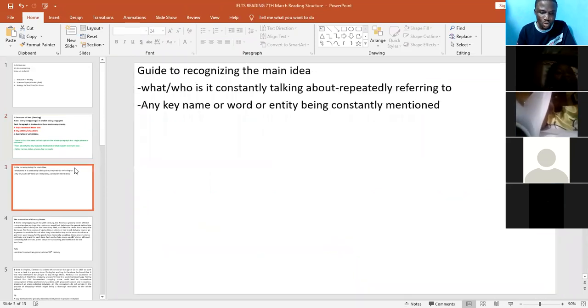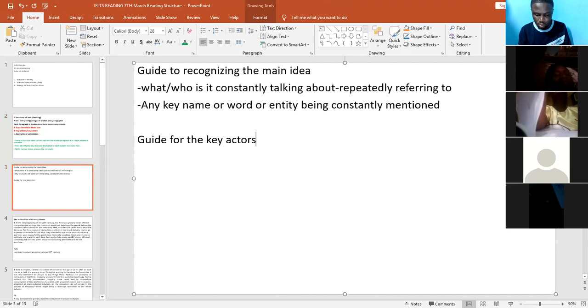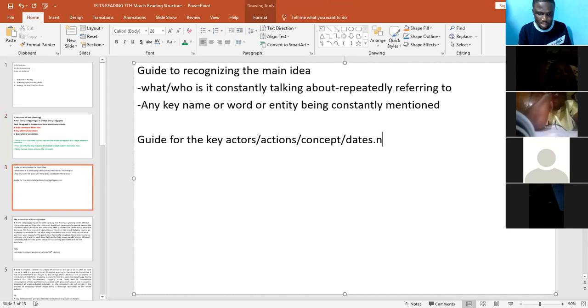And how do you do that? Let me provide a guide to recognizing the key actors and key actions: actors, actions, concepts, dates, names.